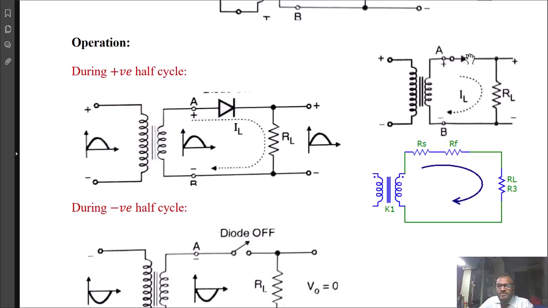When the diode is forward biased, it ideally acts as a closed switch, and therefore it connects the secondary voltage directly across the load, and the current flowing through this switch is denoted by IL here. The voltage across the load during the positive half cycle of the input is the same positive half cycle again.